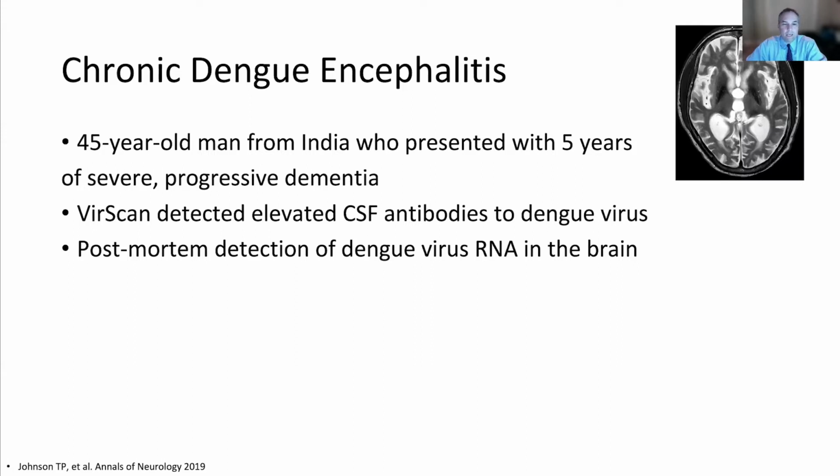But VIR-scan detected antibodies to dengue virus at high levels relative to blood, suggesting that what we typically associate as an acute infection caused by dengue virus might also be able to cause a chronic neurologic infection. And they were able to show that after this patient unfortunately died, the brain was riddled with dengue virus RNA, suggesting that there really was a parenchymal infection with this flavivirus.